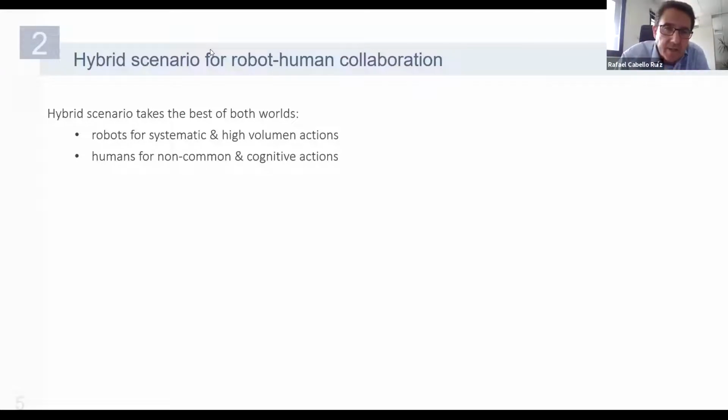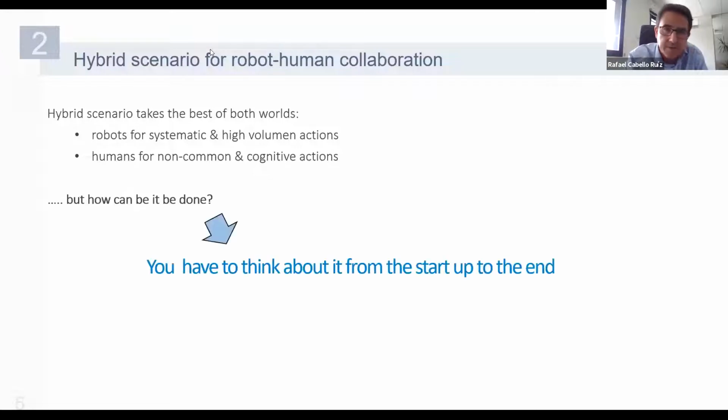Robots: systematic, high volume, a technology that has improved a lot. We were talking previously about UiPath, Blue Prism, Automation Anywhere, but humans can do a good job for non-common and cognitive actions. This is the reality.